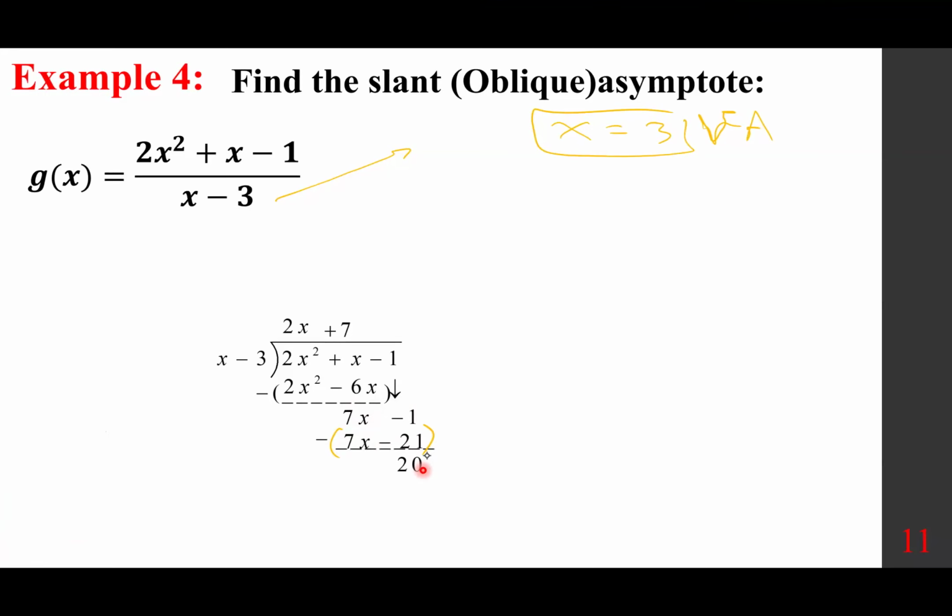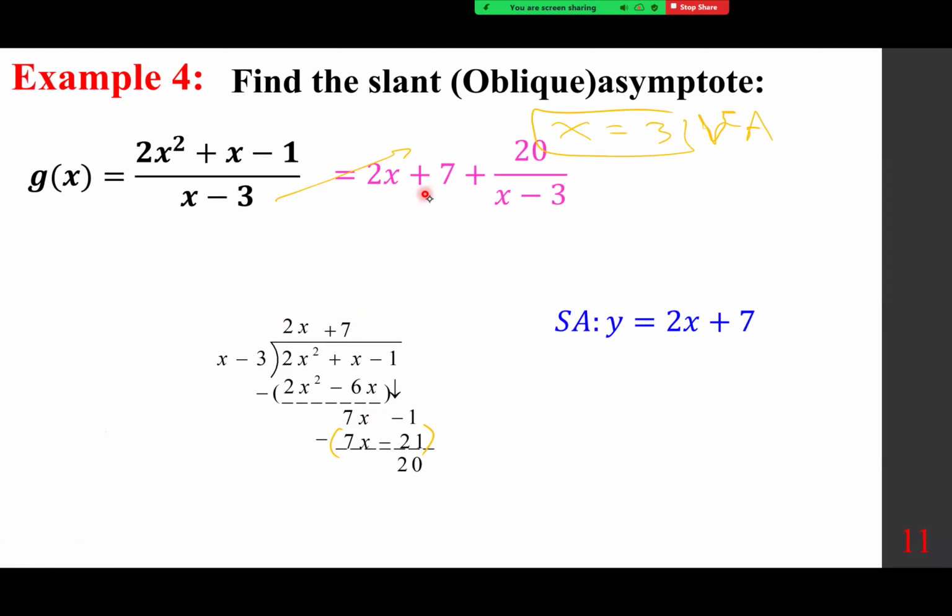Therefore, this is your quotient. Y equals 2x plus 7 plus 20 over x minus 3. Y equals 2x plus 7 is the slant asymptote or oblique asymptote. Slant asymptote or oblique asymptote, okay, everybody?